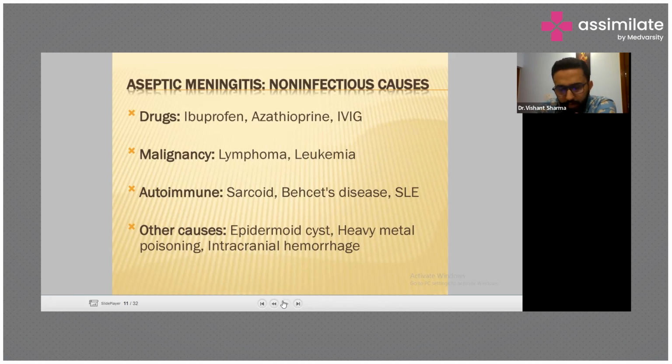What can you tell me? What is the most common pathogen which causes this kind of meningitis? Can anyone tell me? The most common pathogens causing meningitis.